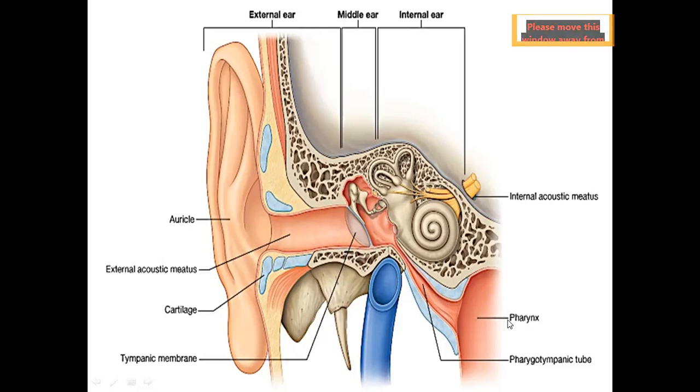Then, so this is the nasopharynx and this is the auditory tube or the eustachian tube or pharyngotympanic tube. Posteriorly, the middle ear is related to the mastoid process. So this is all middle ear. Okay. So inside the middle ear, you are finding 3 bones. The smallest bones we have here. Okay. The malleus, incus, and stapes.